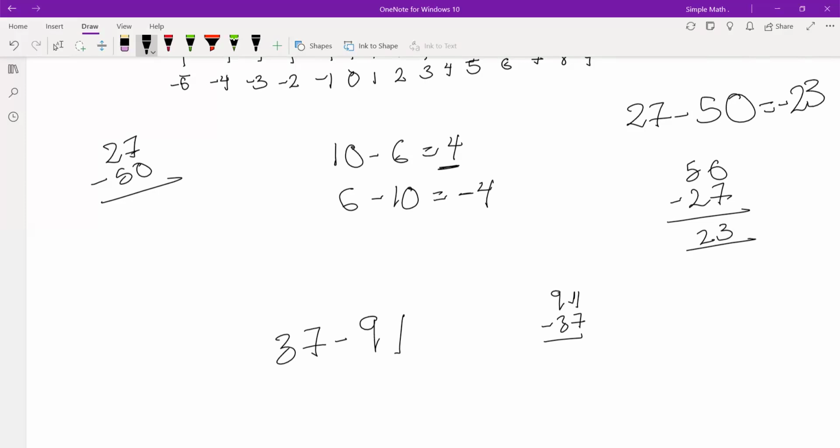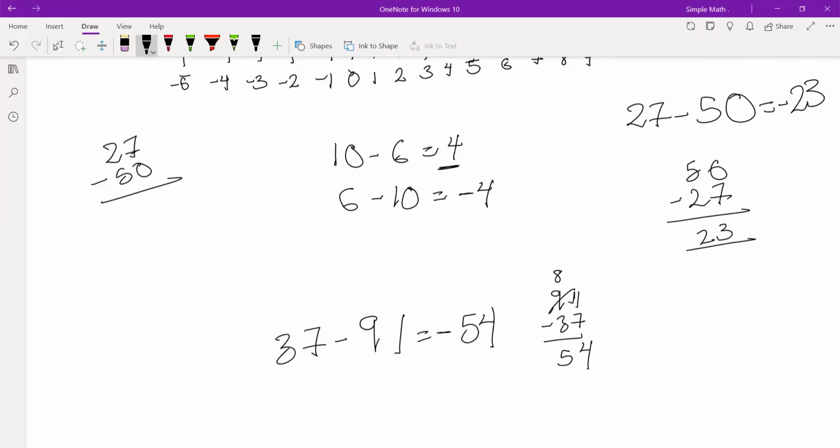This becomes 11. 11 minus 7 is 4. So I'm left with 8. 8 minus 3 is 5. So if 91 minus 37 is 54, then 37 minus 91 is automatically minus 54.